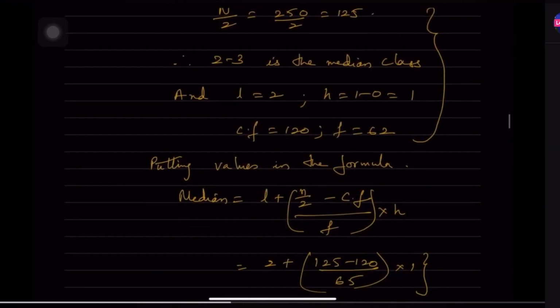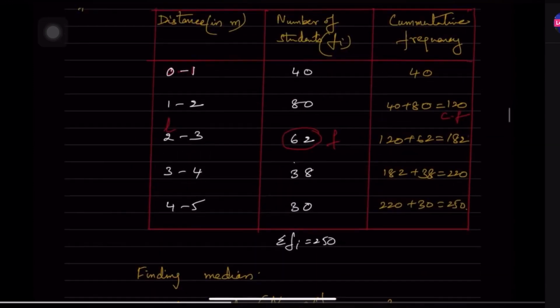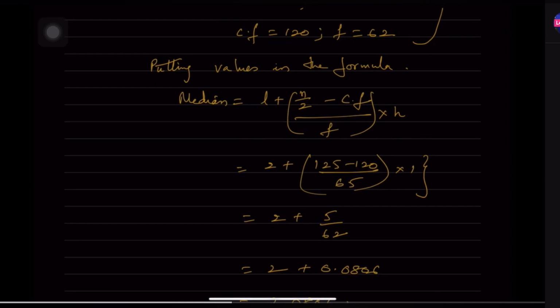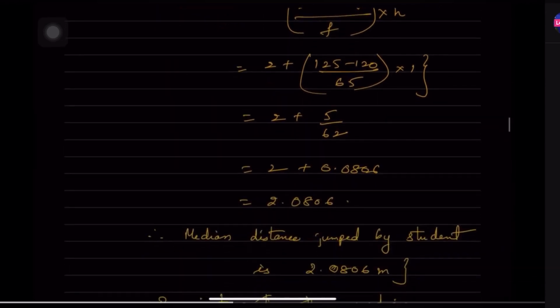So therefore here, putting all the values we are having in this formula, median is equal to L plus N by 2 minus CF by F into H. So 2 plus 125 minus 120 by 62 into 1, and 2 plus 5 by 62, which is 2 plus 0.0806, which is 2.0806.